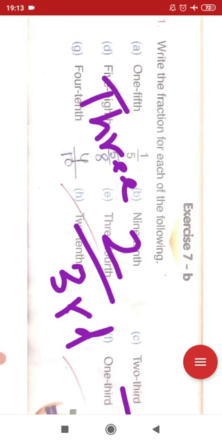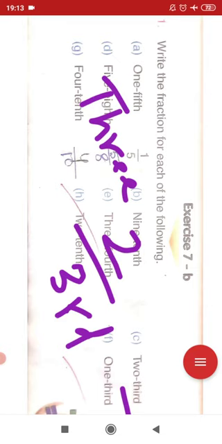While representing any number in which 3 is present as the denominator, we need to use the term third.